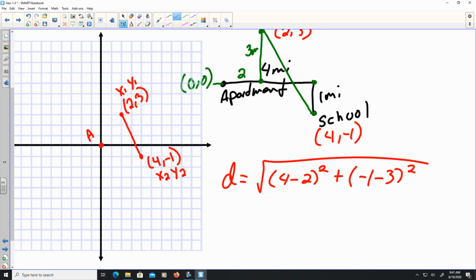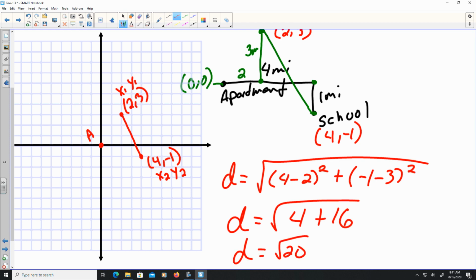So 4 minus 2 is 2. Square that is 4. So now I've got distance equals the square root of 4 plus -1 minus 3, which is -4. Square that. That's going to be 16. And so distance here is going to be the square root of 4 plus 16, which is the square root of 20.